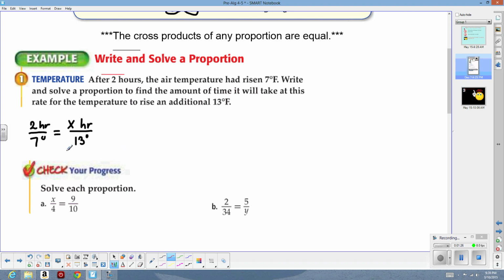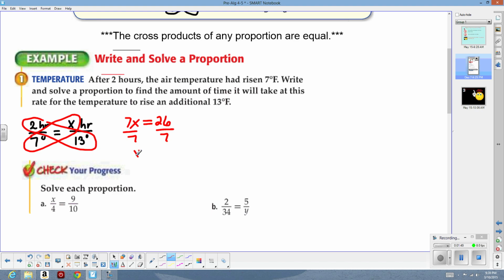And then to solve this, we're going to go ahead and write an equation stating the two cross products that are equal. 7 times x is 7x, and 2 times 13 is 26. So 7x equals 26. And then you're going to divide both sides by 7.